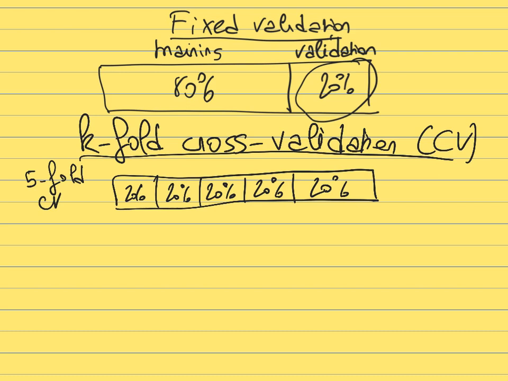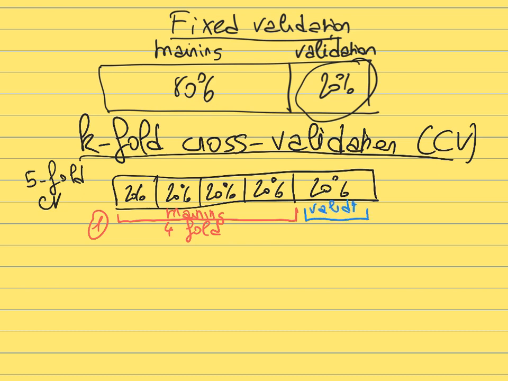What you will do first, as step 1, is select the first 4 folds, and this is going to be your training set, and you are going to use the remaining fold as a validation set.